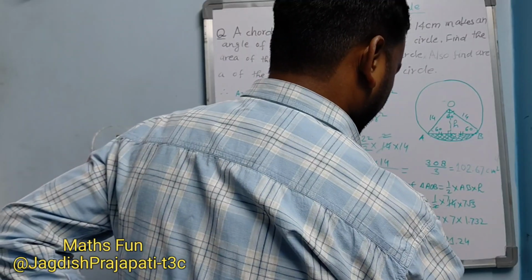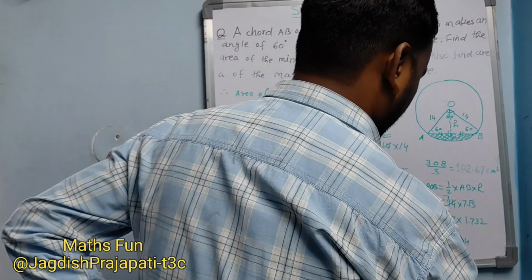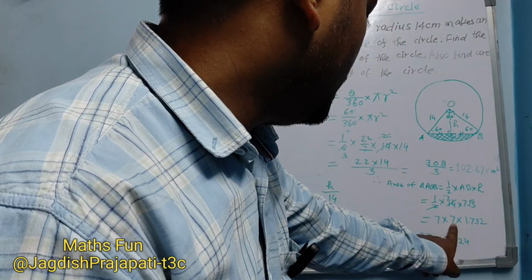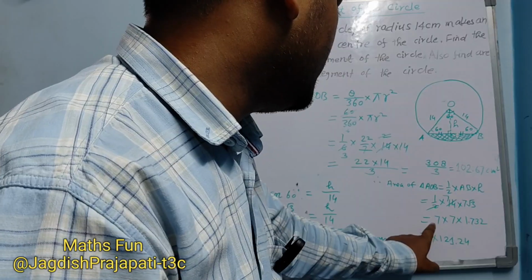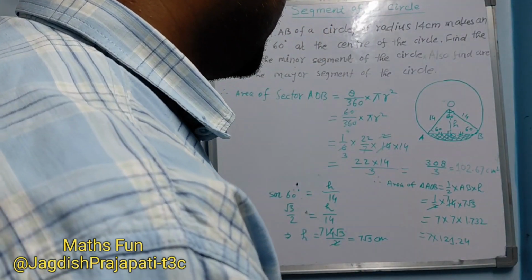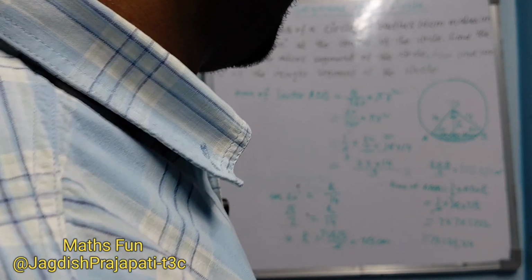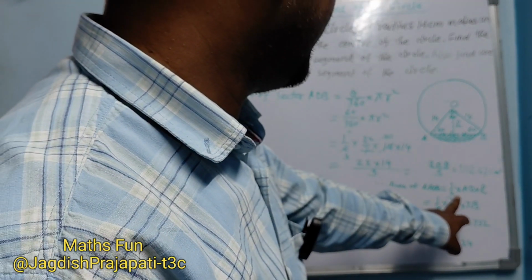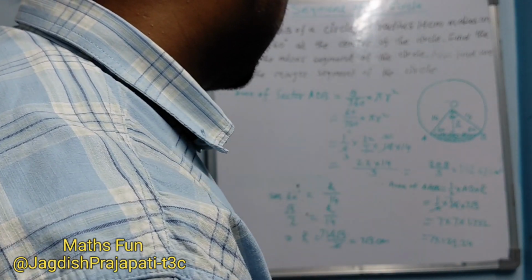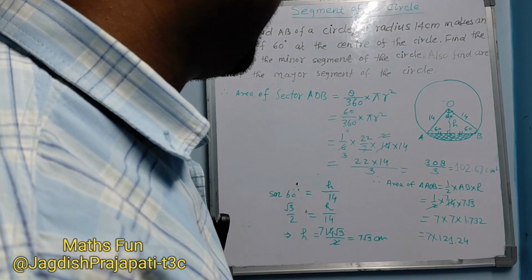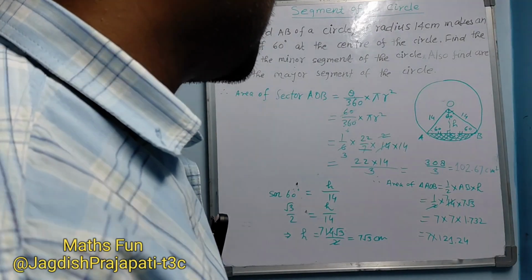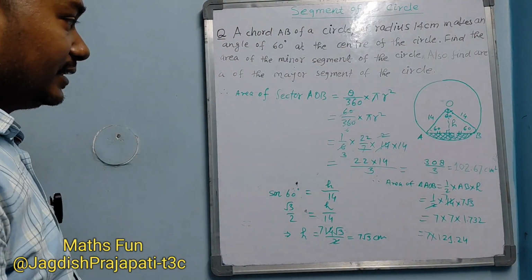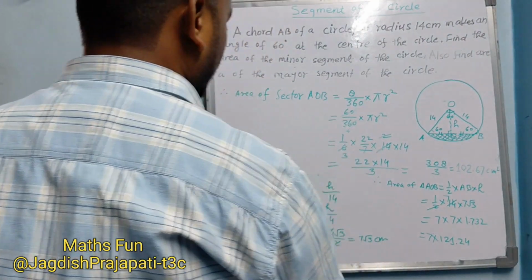I multiplied with this 7, so now we have to multiply with this. So you please multiply this.